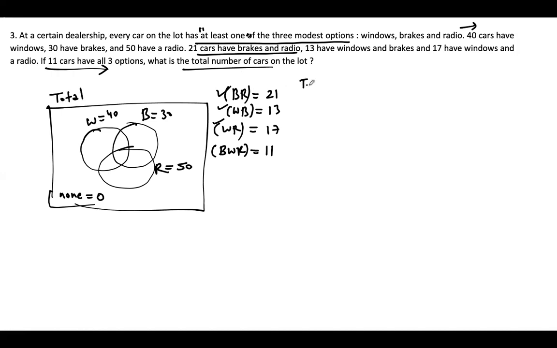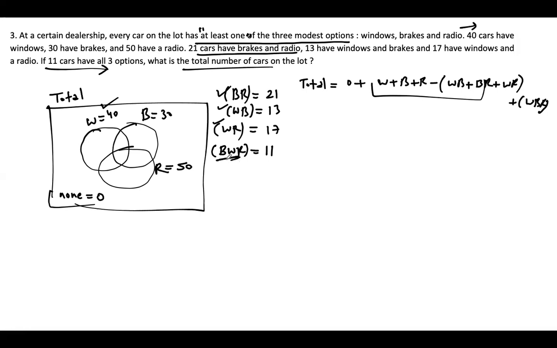Can I say total is equal to none, which is 0, plus at least one, as in whatever is there in the circles? W plus B plus R minus WB, BR, WR plus WBR. WBR, BWR are one and the same thing.